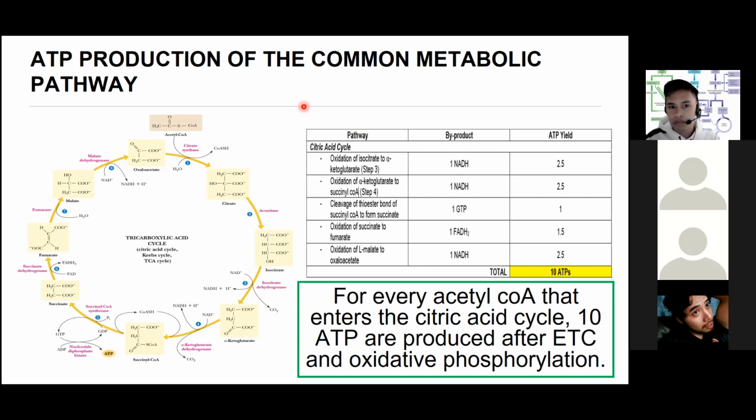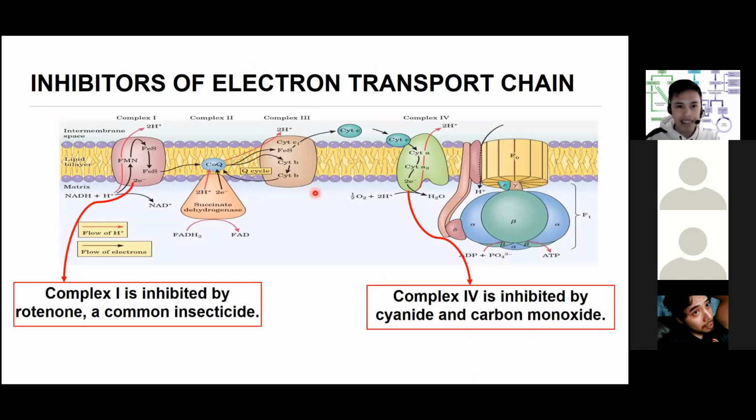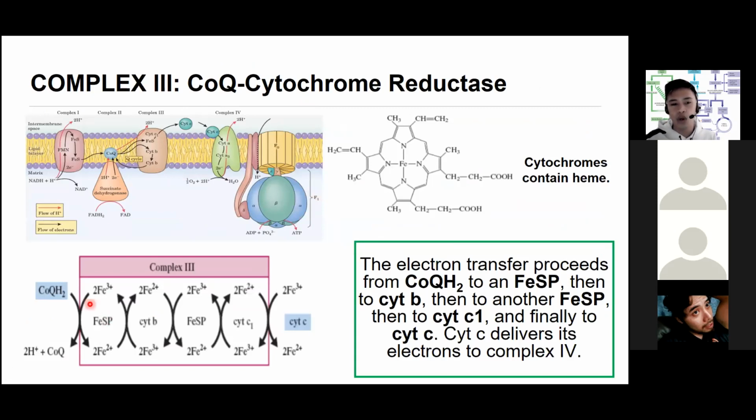Earlier, sir, in complex 3 you said CoQ passes first to cytochrome B. Right? And you did not mention the iron. Yes, I did not mention the iron sulfur protein. So you're correct, it would need to go to the iron sulfur protein first before going to cytochrome B. I stand corrected about that.